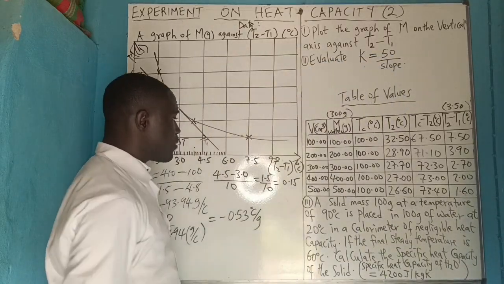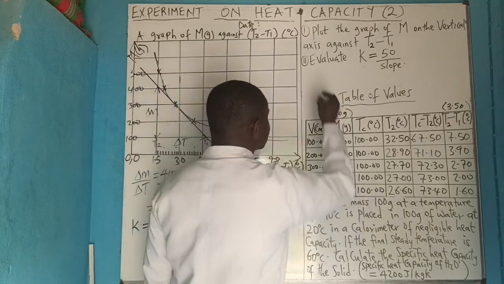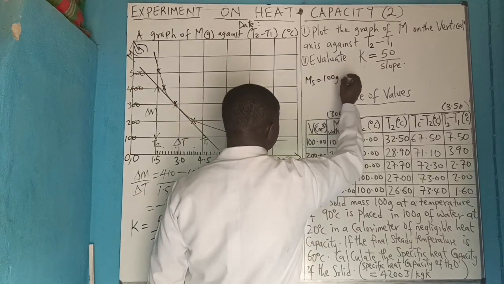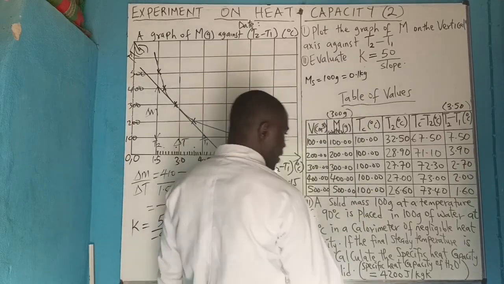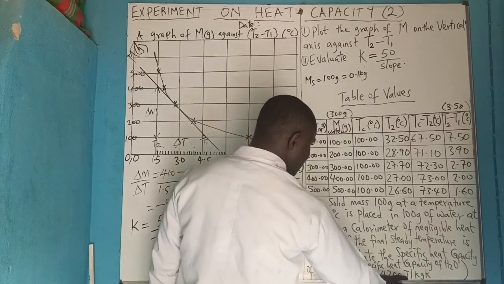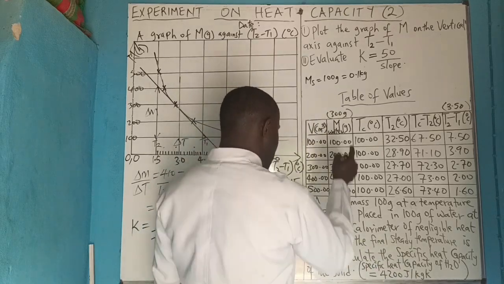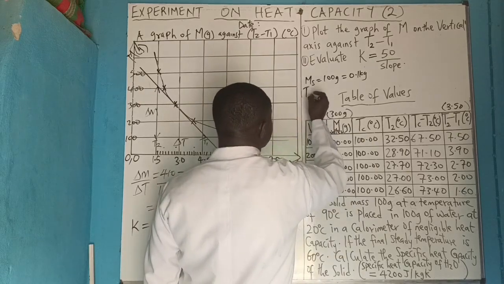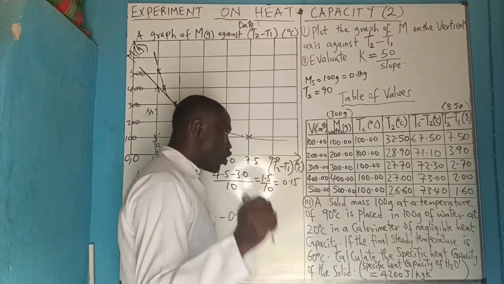We go to question number I. They gave us that the mass of the solid is 100 gram, equal to 0.1 kilogram. Why are we converting it to kilogram? Because the SI unit of the constant given to you is in kilogram. Now, the temperature of the solid is equal to 90. That is very hot.